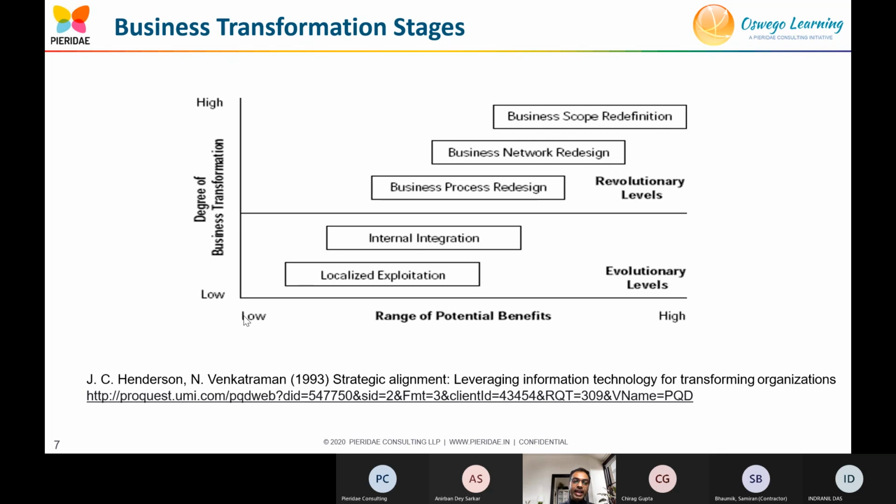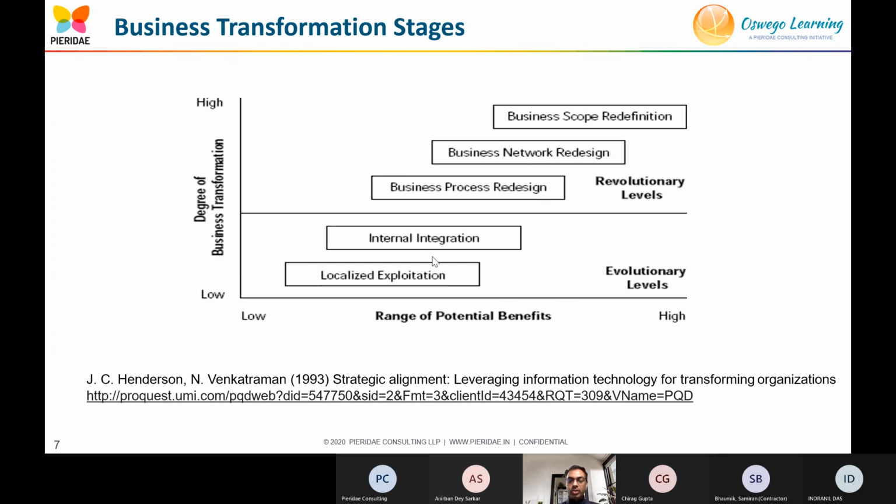And in the y-axis, I have the degree of business transformation, how much I have transformed, right? So the lower half of this graph is evolutionary level, means I was at ground zero, I'm evolving from there. Like I've started a new organization, I don't have anything. I do everything on pen and paper, right?